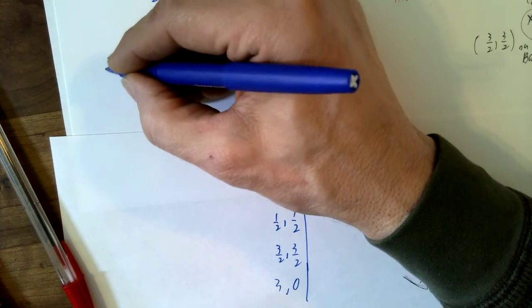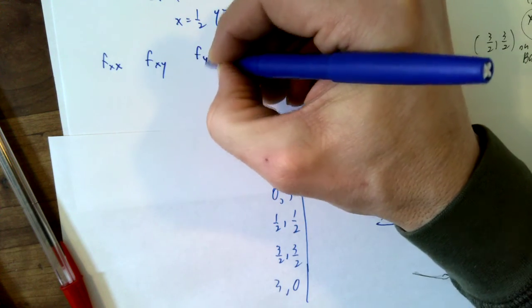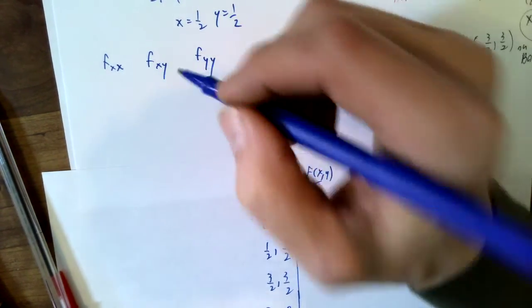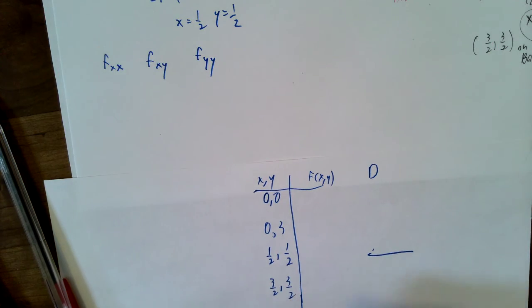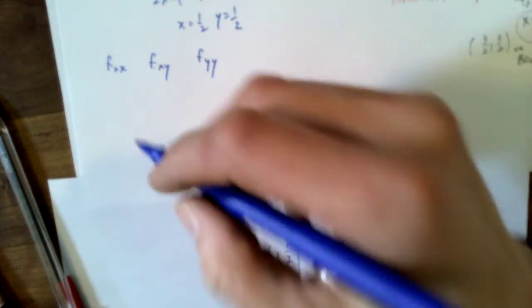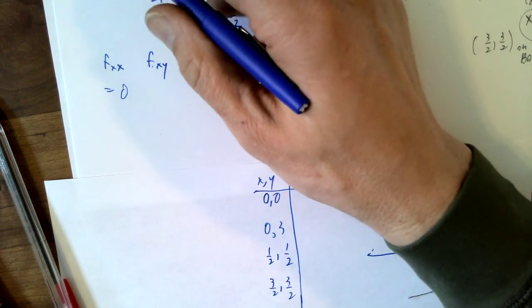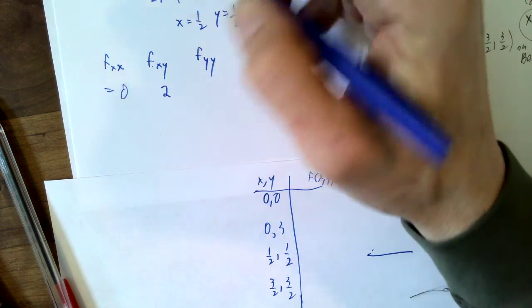I need my second partials. Put those in kind of a little matrix and do the determinant thing if you want to think about it that it's this times that minus this one squared, or fxx. Of course, that's the derivative of this with respect to x. The derivative of this with respect to y is 2.